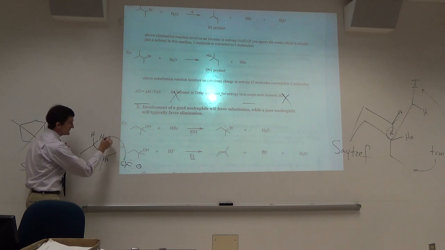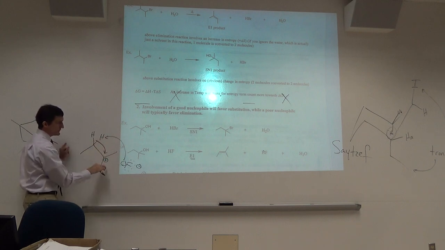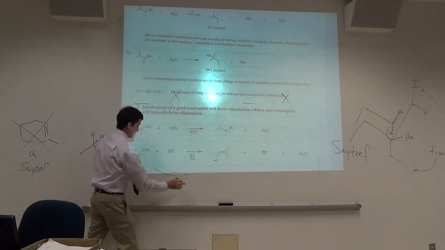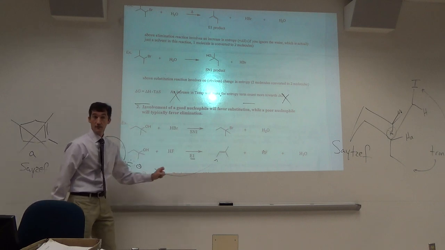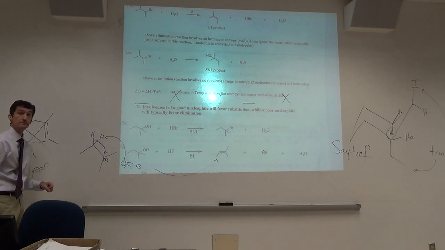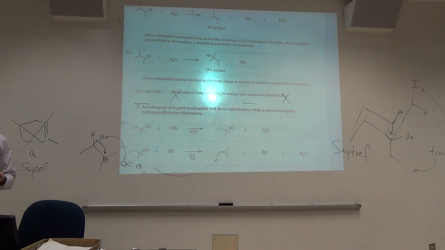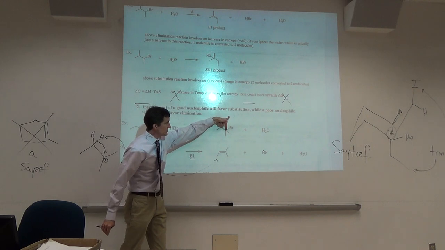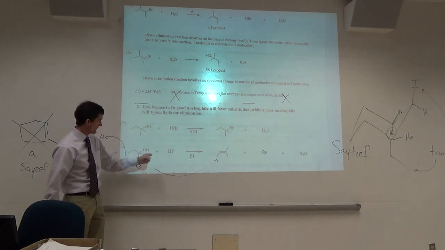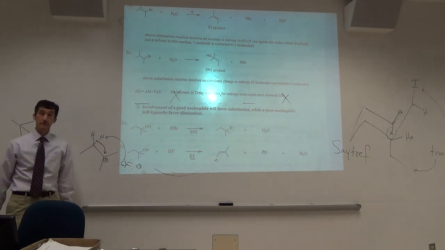It acts as a base and takes an H, moves this in, creates HF. That was an E1, right? You see the difference? The better nucleophile will add as a nucleophile. The worse nucleophile will act as a base. That's a general trend.